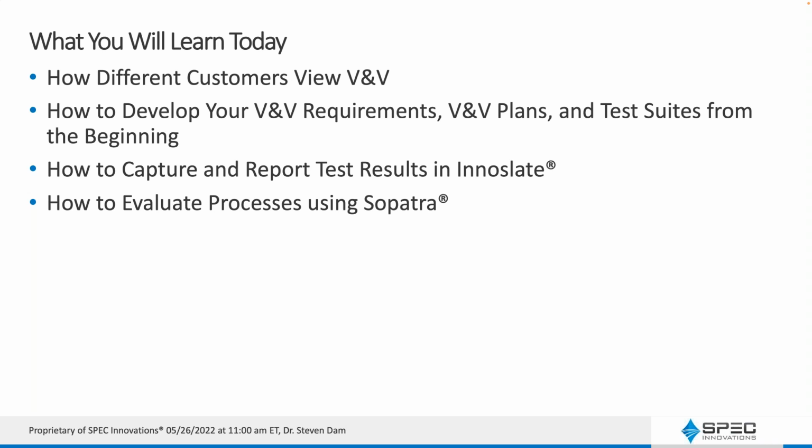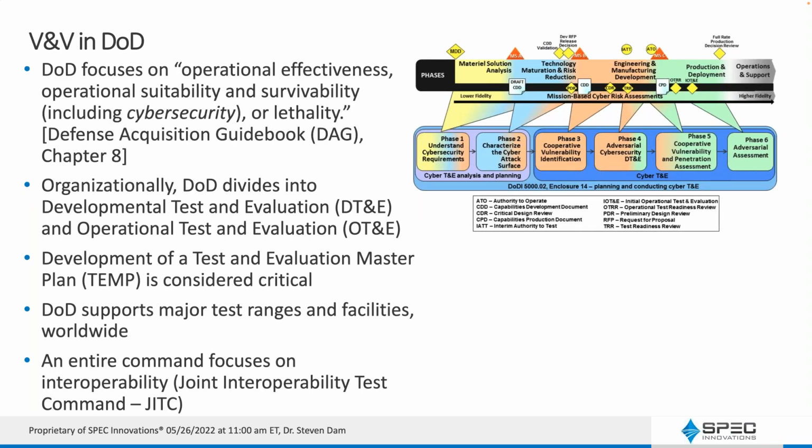And then, once you are actually executing your V&V plan, how to capture and report the test results. Then we're going to talk a little about evaluating processes using Supatra, which is our new tool for doing that.